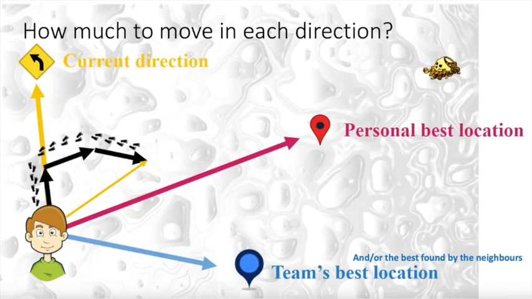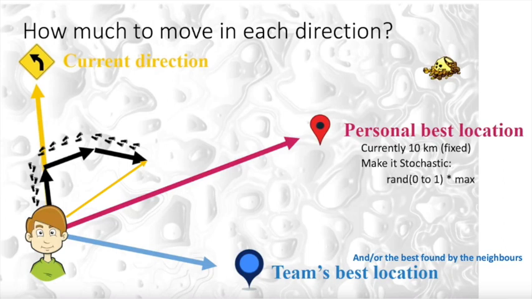But the question is how much to move in each direction. Notice we only move a little bit in each direction, but how much? Do we move a fixed amount in each direction, say 10 kilometers? But is that the best strategy? How do we know? Well, since we cannot know, a common approach is to move a random amount.